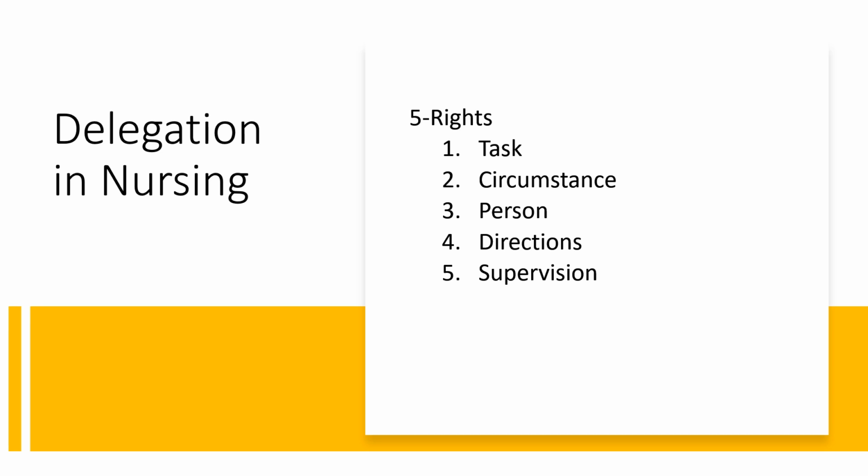The nurse needs to provide clear direction, instructions, and have an open line of communication between them and the individual whom they are delegating the task to. The nurse is still responsible and holds accountability to the patient's safety and welfare, and the nurse must supervise and evaluate the performance and the task completion.